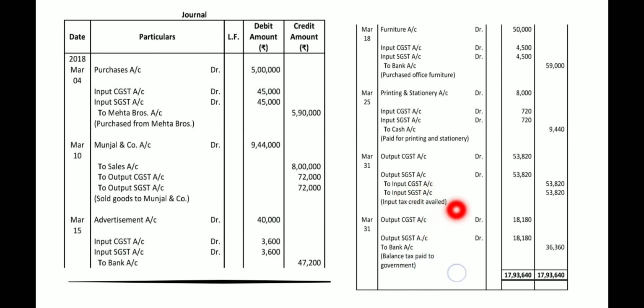Now you can find out the balance, what is the balance you have left, and according to that you can make the entry: output CGST is 18,180 and output SGST is also 18,180, to bank, that is 36,360.